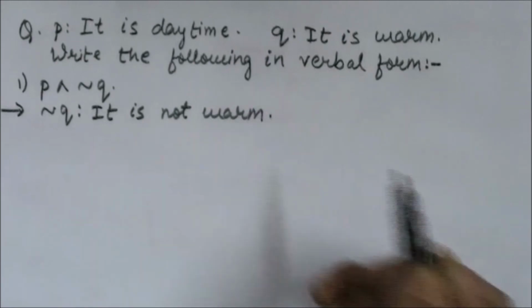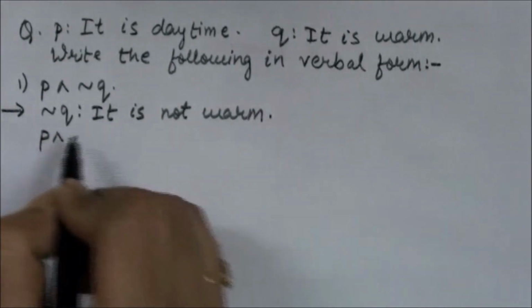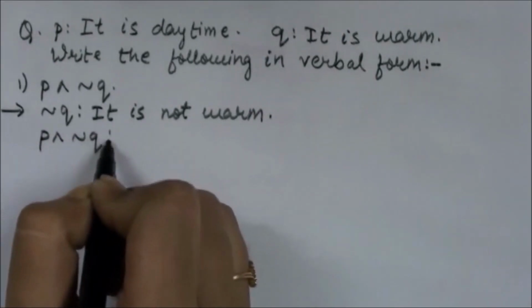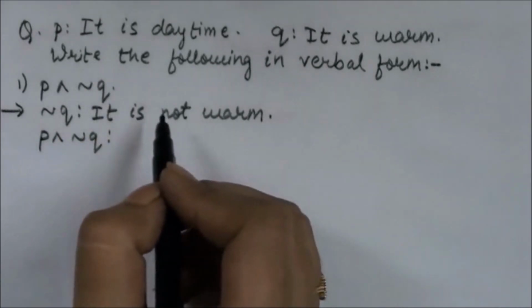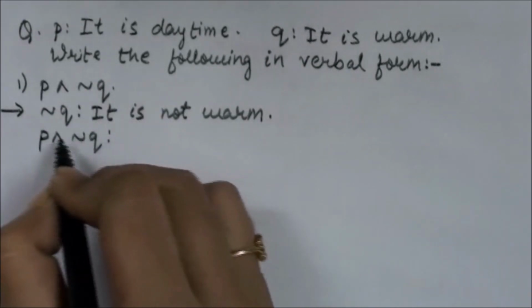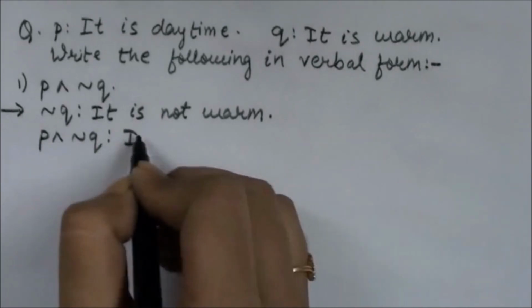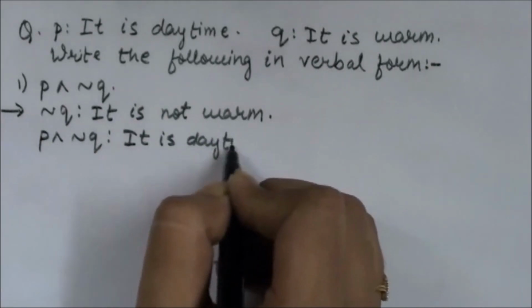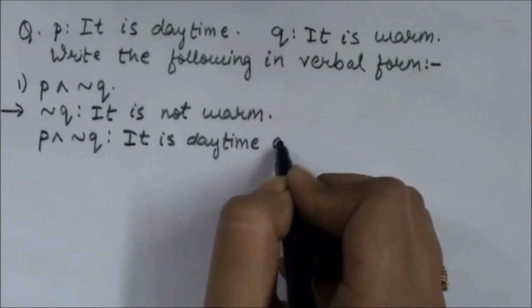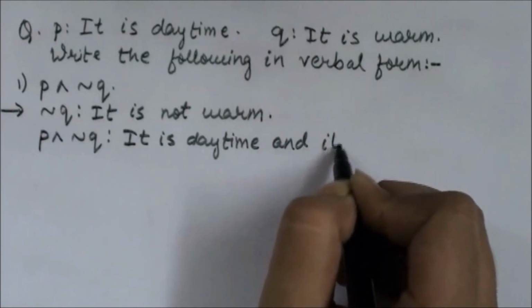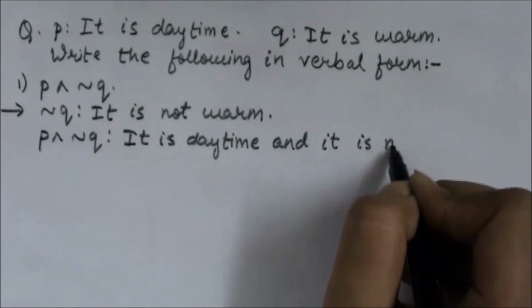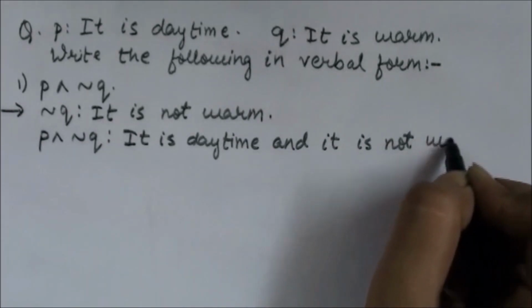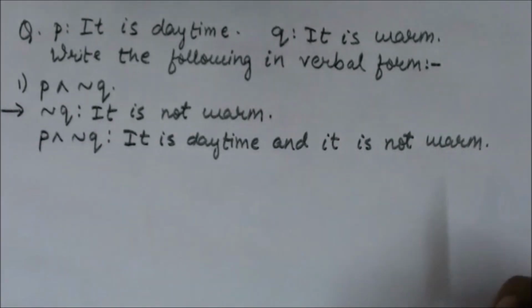And then P and negation Q will be simply you have to join these two statements using the word and. So P and negation Q will be it is daytime and it is not warm.